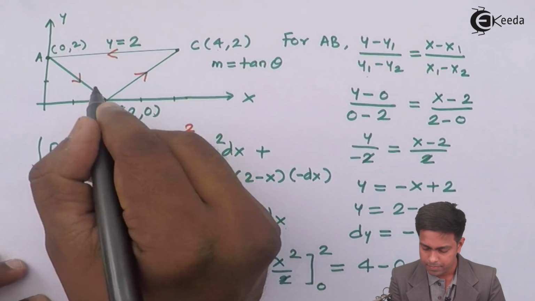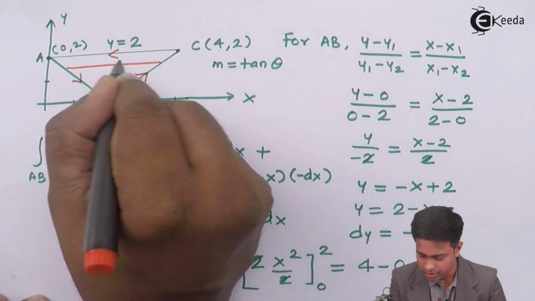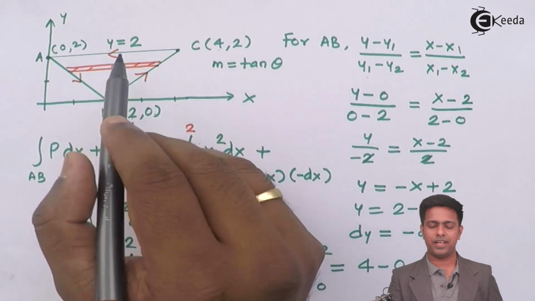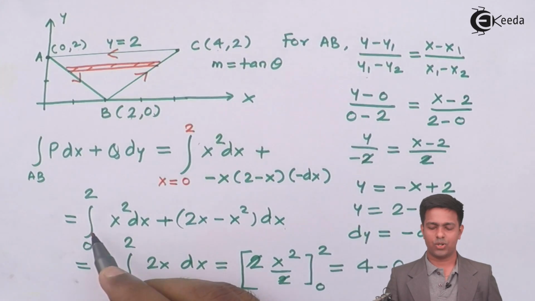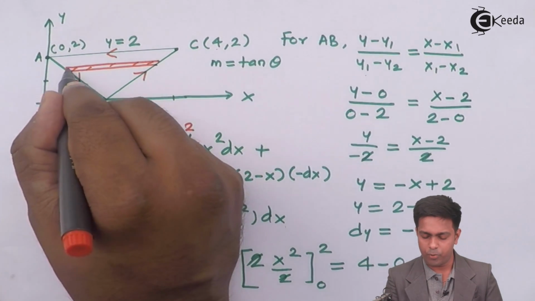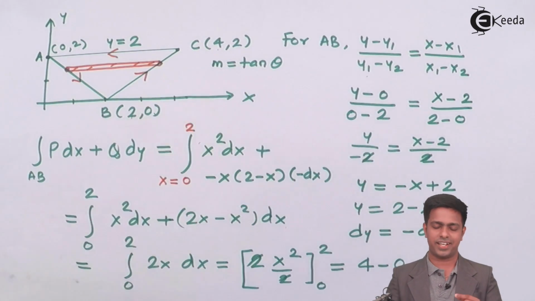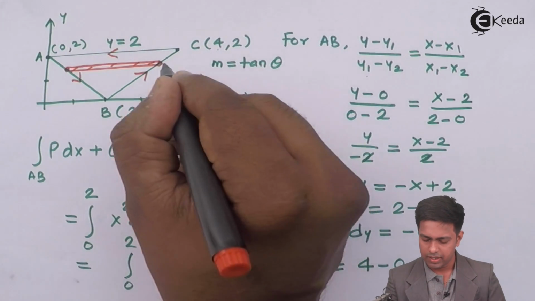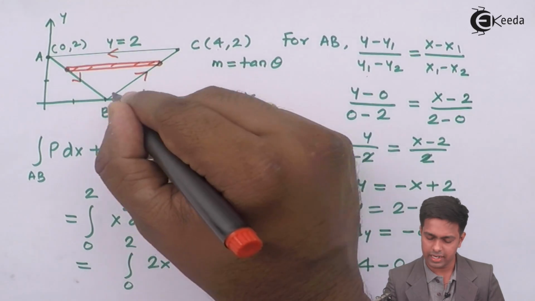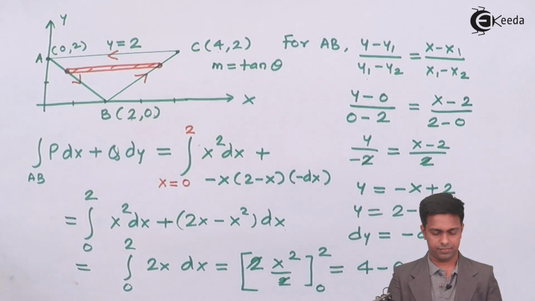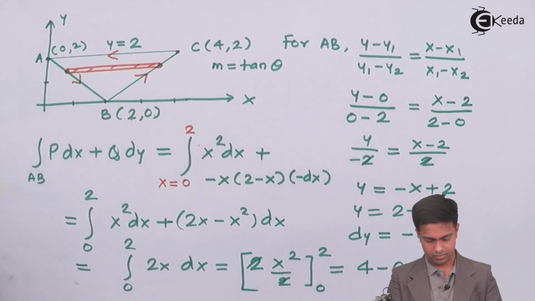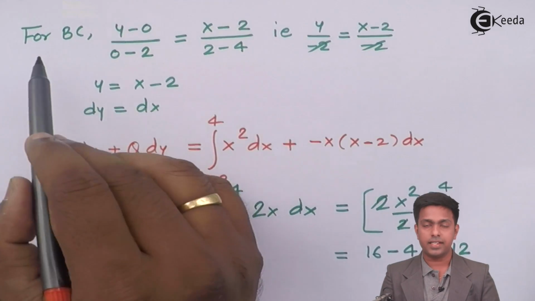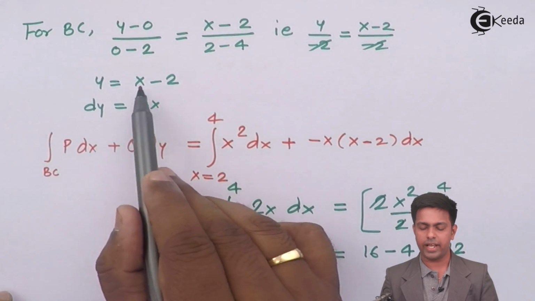Here I am showing you. So let's say this is a strip. So guys, you can see that this strip is parallel to x-axis. So we'll find out the endpoints of a strip. So whenever we take a strip parallel to x-axis, we have to check its x coordinates. So here this point is lying on the line BC, and along the BC we got the equation y equal to x minus 2.